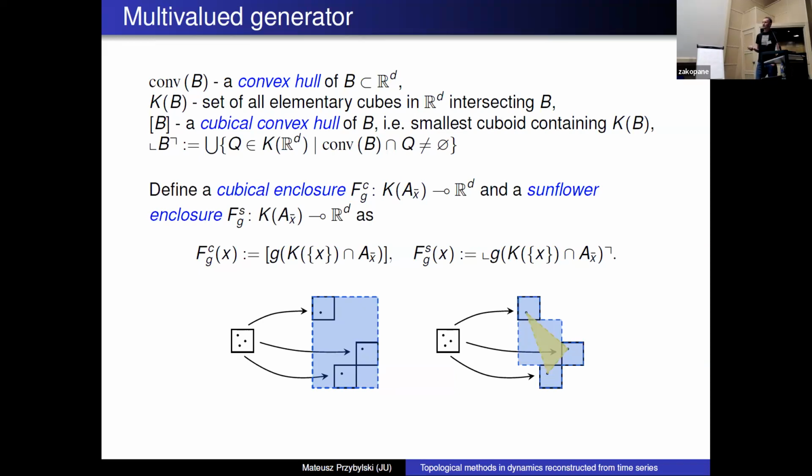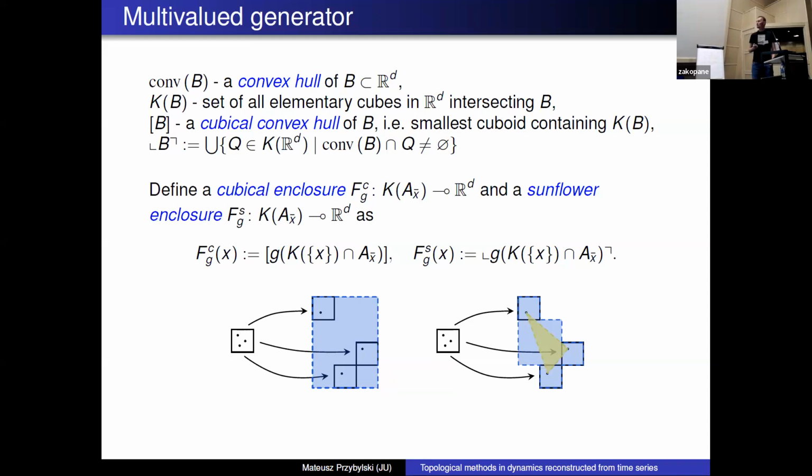We need to have acyclic values of this multi-valued map. This is because of algebraic topology under the index theory. And the easiest way to ensure that the multi-valued map has acyclic values is just to take the smallest rectangle or smallest cuboid. This is, of course, convex, so contractible, and it implies that it is acyclic.